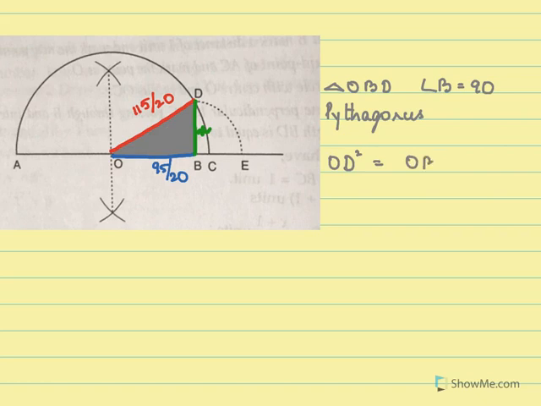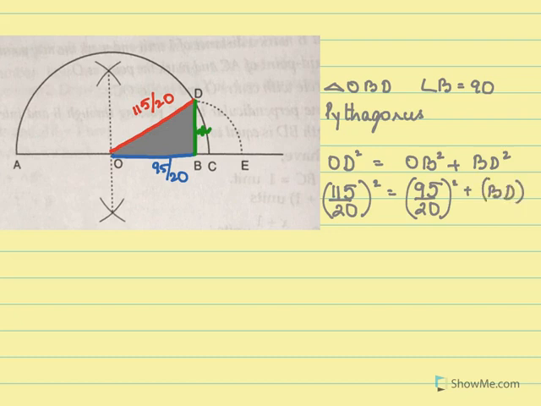OD square equal to OB square plus BD square. OD is the radius, 115 over 20, the whole square, equal to OB is 95 over 20, the whole square, plus BD square. BD is what we need to find. So I have 115 over 20, the whole square, minus 95 over 20, the whole square, equal to BD square.